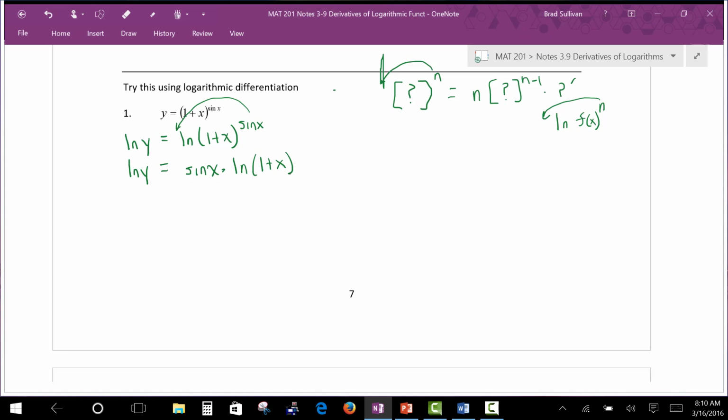Now what we're going to do next is the derivative using logarithmic differentiation. We're going to do the derivative of both sides. So we're going to do the derivative of ln y, because now we're doing implicit differentiation. Then we're going to do the derivative of sine x times ln of 1 plus x, like that.